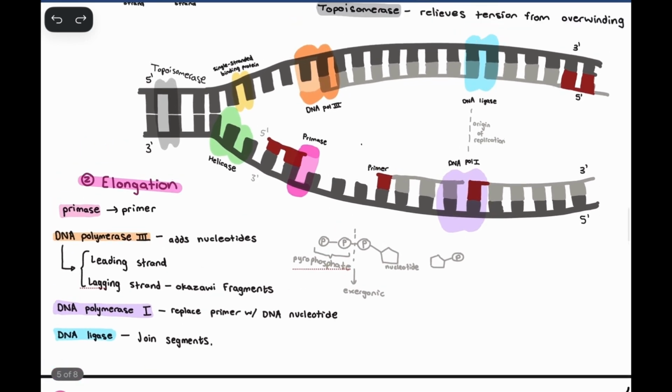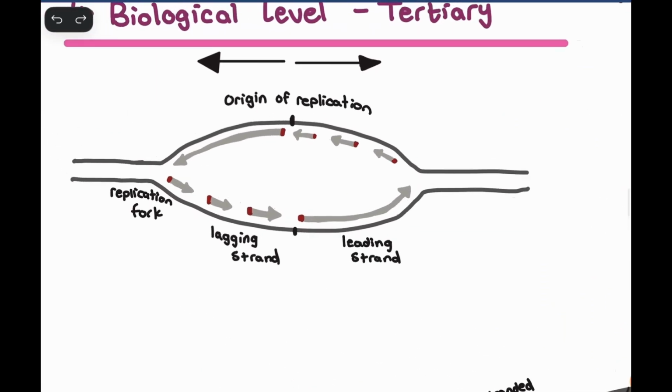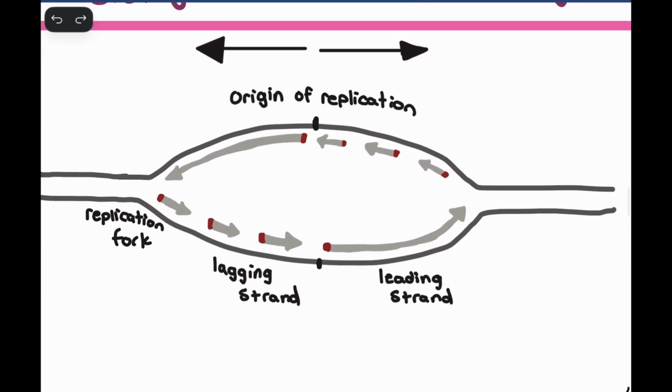But the way that the DNA polymerases with the primer works is like this. Starting at the origin of replication, there is something called a leading strand, like this, which starts at the origin of replication using a primer and goes toward the replication fork. Okay?